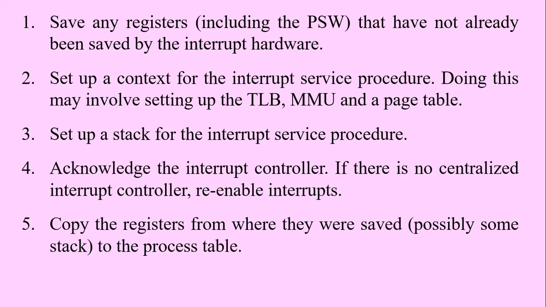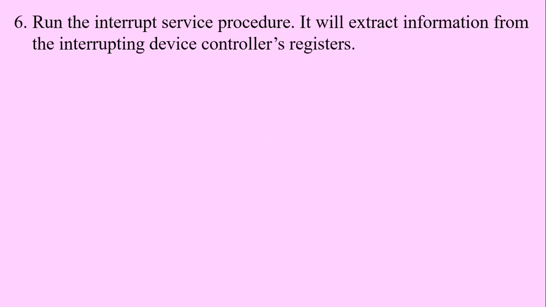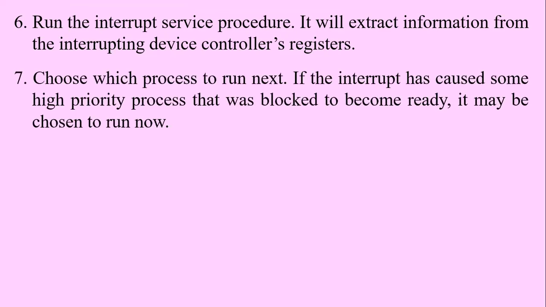Number 5, copy the registers from where they were saved, possibly some stack, to the process table. Number 6, run the interrupt service procedure. It will extract information from the interrupting device or devices' controller registers. Number 7, choose which process to run next.